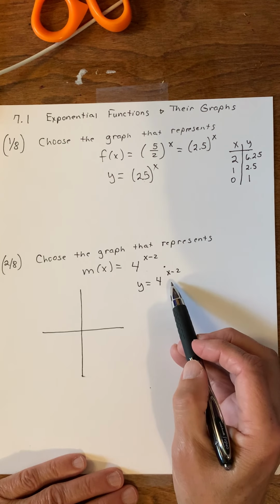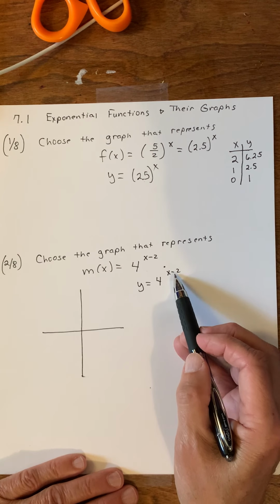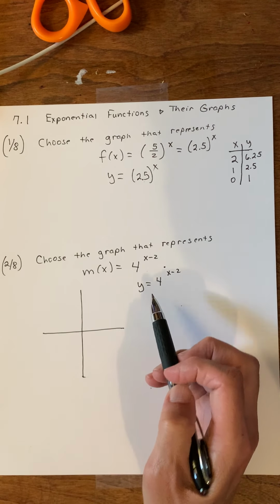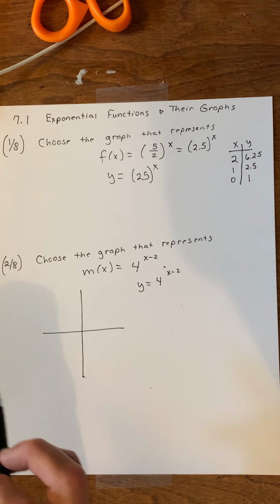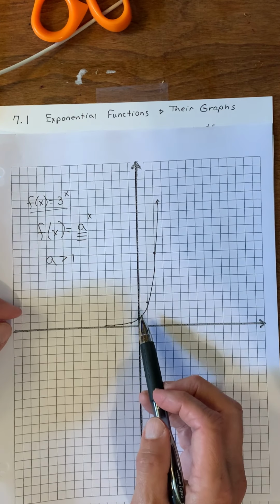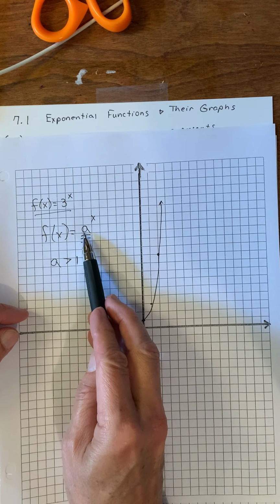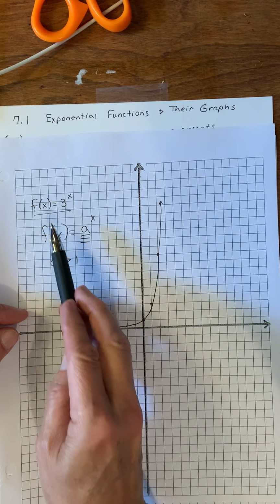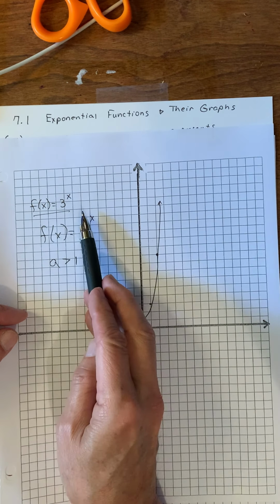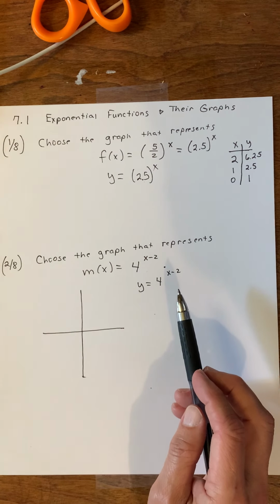And we're actually going to be taking a couple of points, a couple of x's, and find out what y is in a minute. But basically, this guy is going to look like this, isn't it? When my base is greater than 1, f of x equals 3 to the x, 2 to the x, 4 to the x.